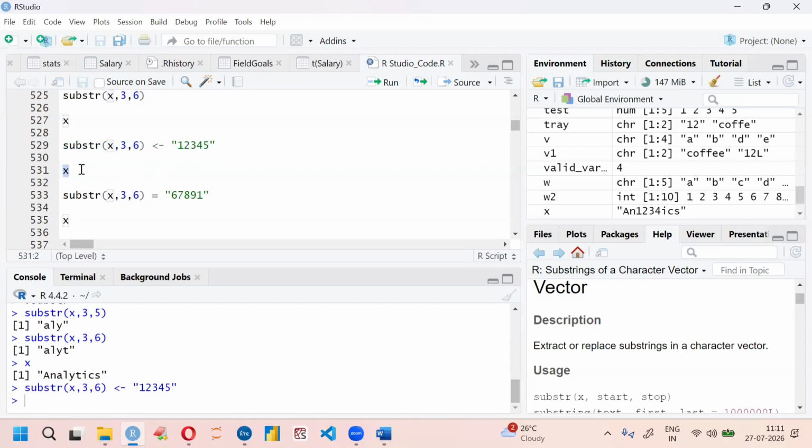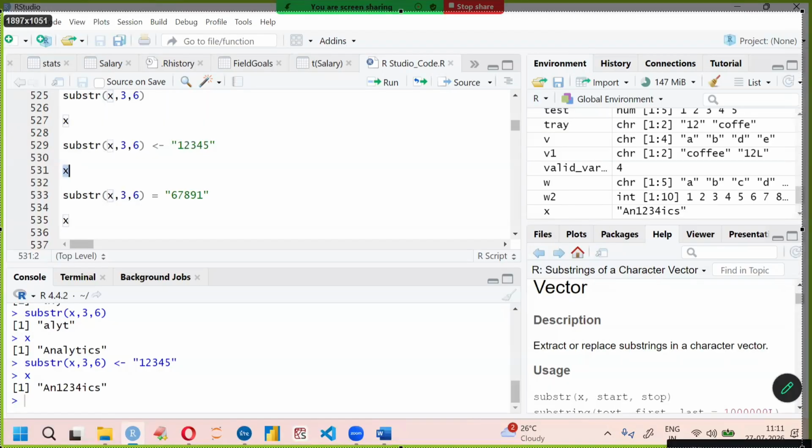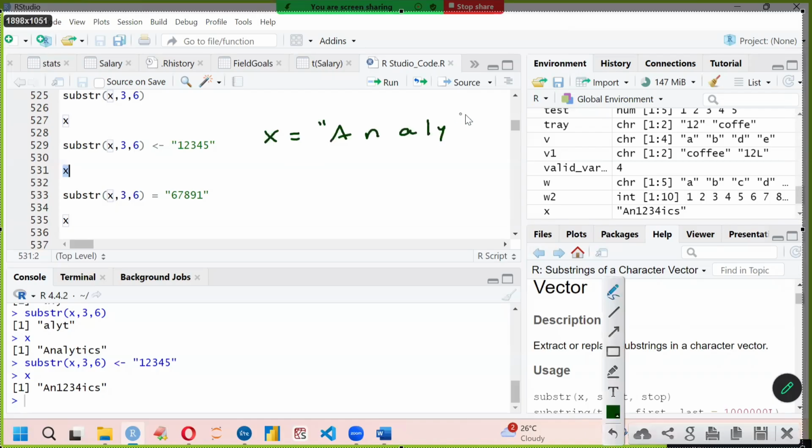Now let us check x. See, x is AN 1, 2, 3, 4 ICS. So why did we get this? What is exactly happening there? If you check the value of x equal to analytics, and the index of each and every element, A has index 1, then 2, 3, 4, 5, 6, 7, 8, 9.